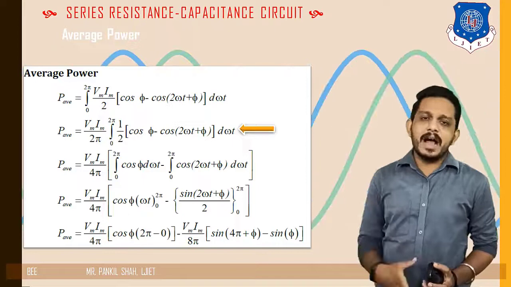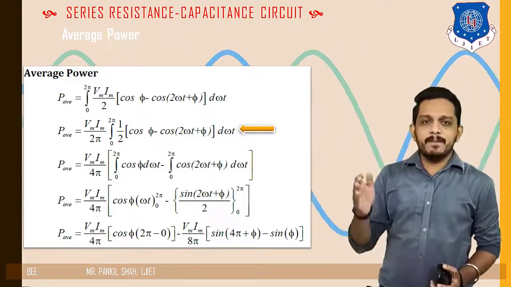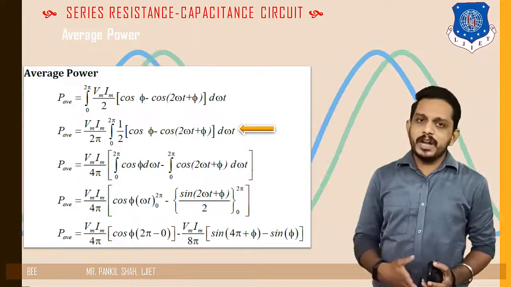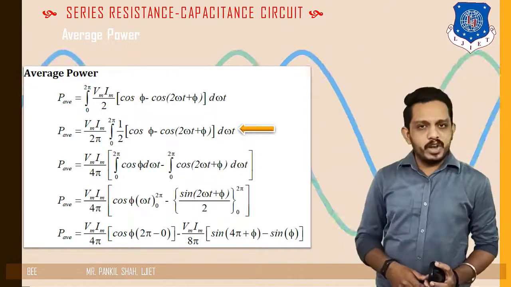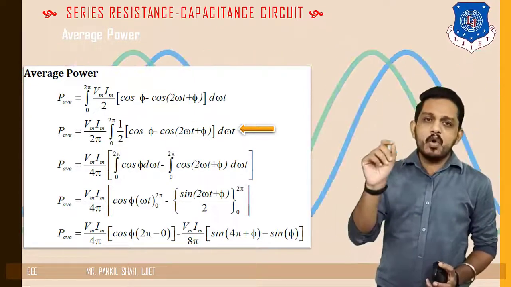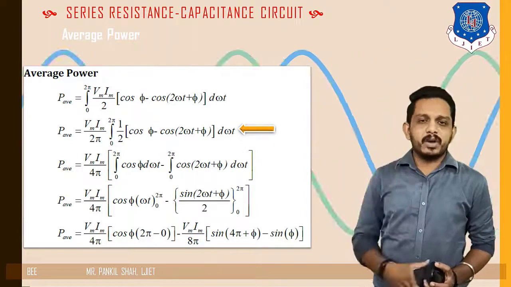But this 2 is taken outside, so it will be Vm Im by 4 pi, and in the integration now it will be cos phi with respect to d omega t and minus cos 2 omega t plus phi with respect to d omega t.